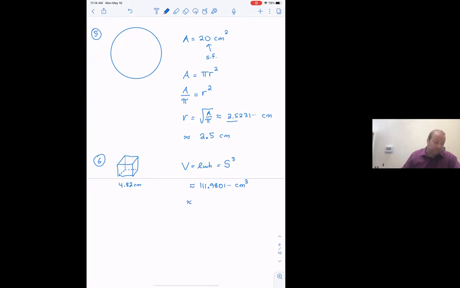And then the problem says, write down your answer correct to 2 significant figures. So that's the first 2. So it's going to be 1, 1, and not 11, because 11 is nowhere close to 111. I do need a non-significant 0 placeholder, and I get 110 cubic centimeters.